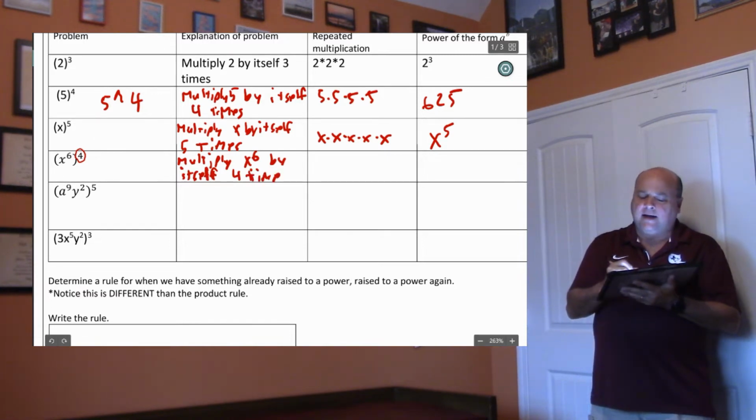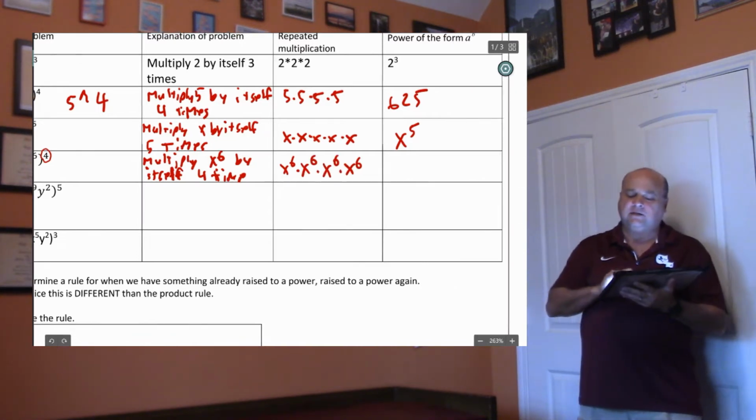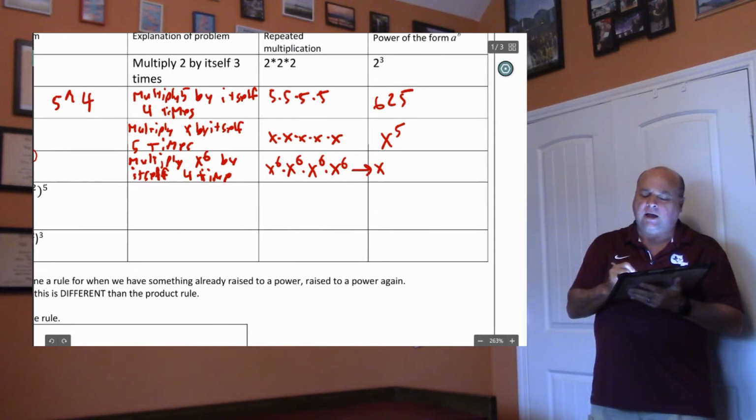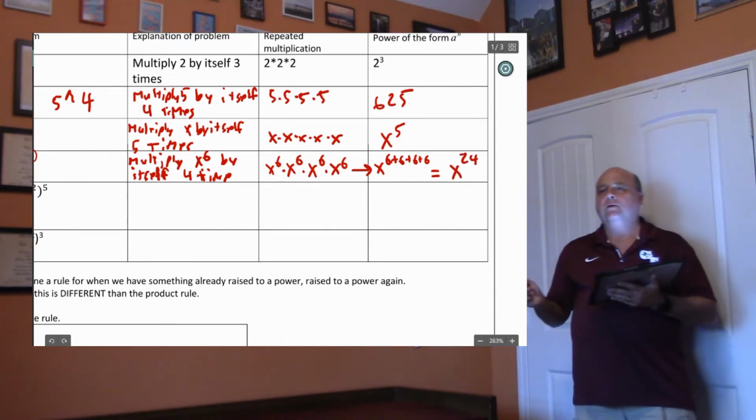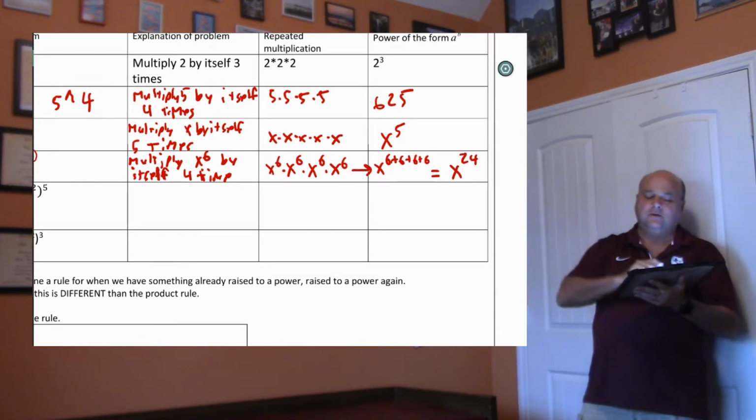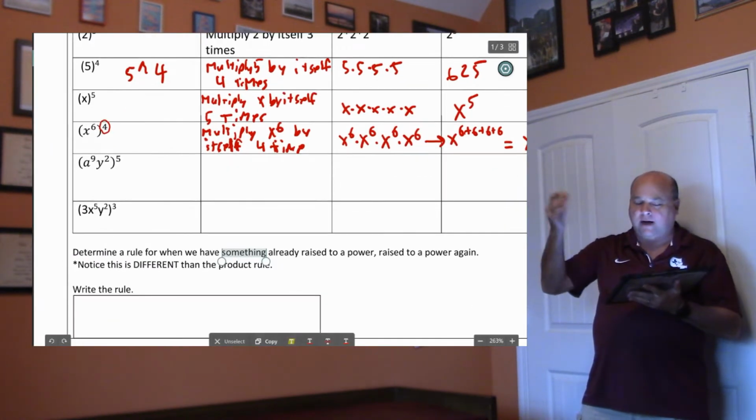Okay, so I'm going to write down x to the 6 times x to the 6 times x to the 6 times x to the 6. This is going to turn into x to the 6 plus 6 plus 6 plus 6, which is equal to x to the 24. Okay, so basically you're taking that base and you're writing it down.